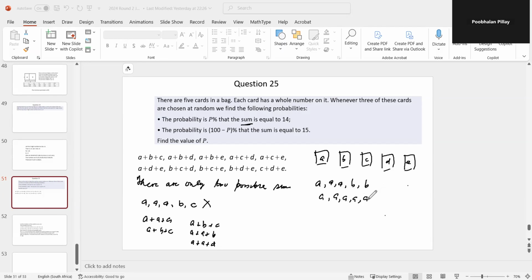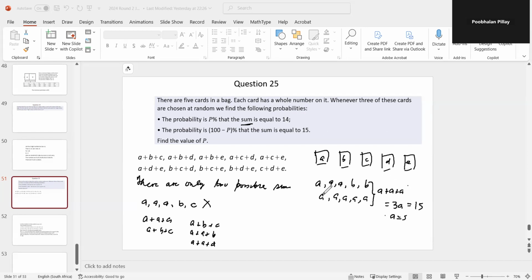But in both cases, you have that there are three A's. So one of the sums is A plus A plus A, and that is 3A. But the sum is 14 or 15. So 3A can't be 14 because A is a whole number. The cards have got whole numbers. So this has to be 15, so you have that A is equal to 5.